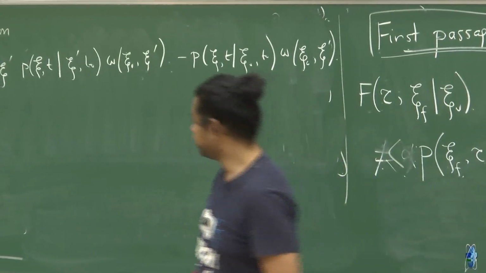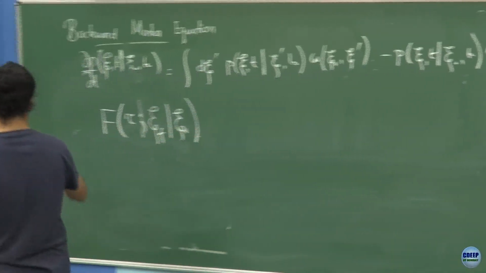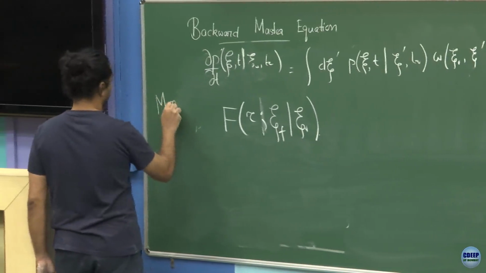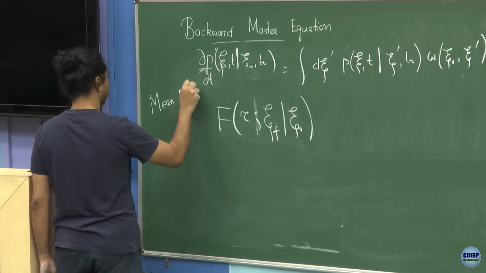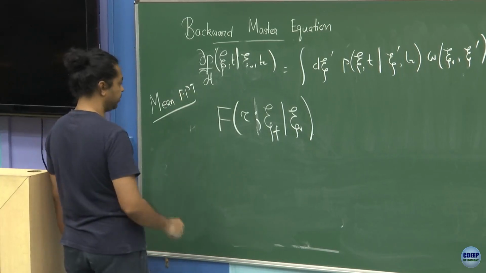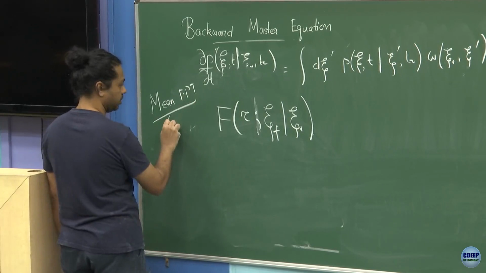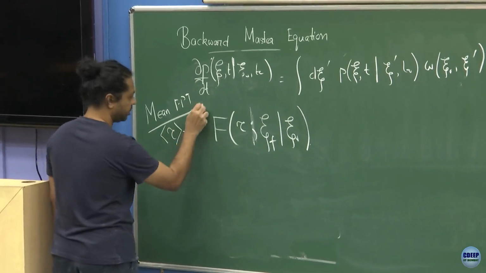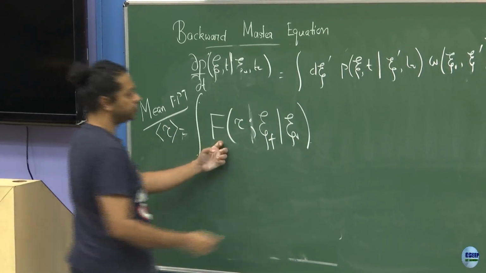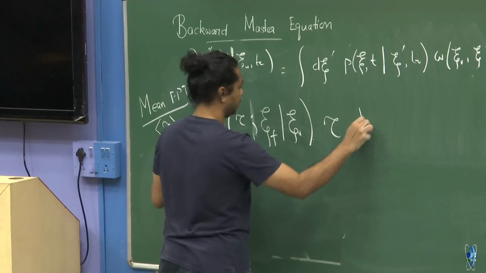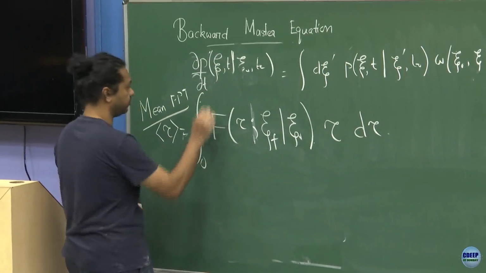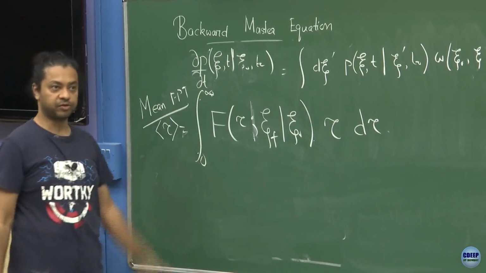Often one will talk of mean first passage times, and the mean first passage time, average tau, is nothing but this distribution of times multiplied by tau, integrated over all times from 0 to infinity. This is just my mean first passage time.